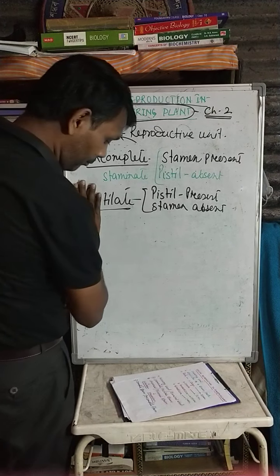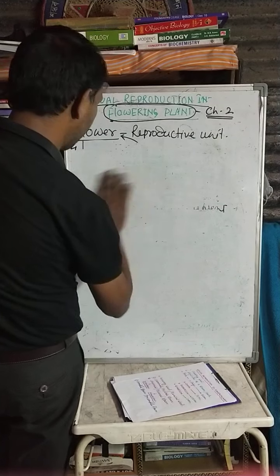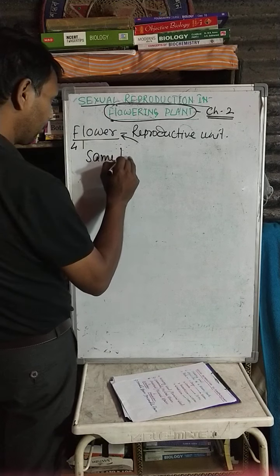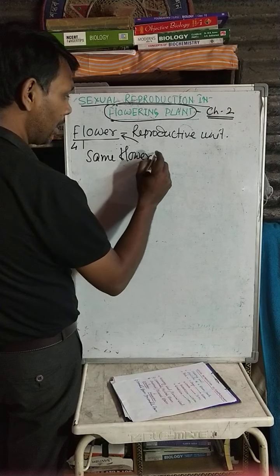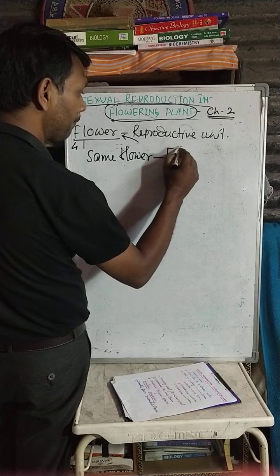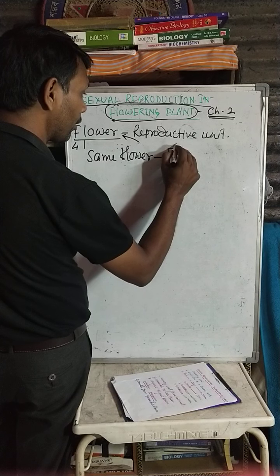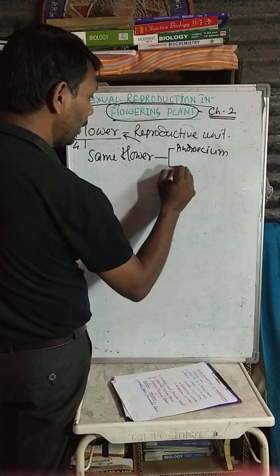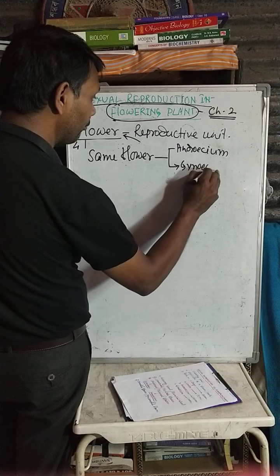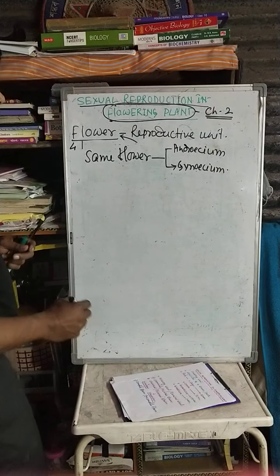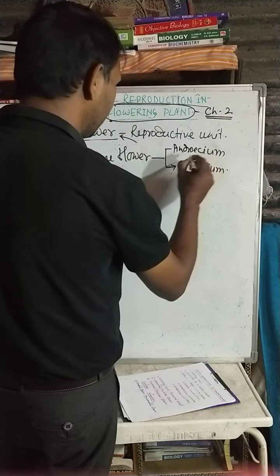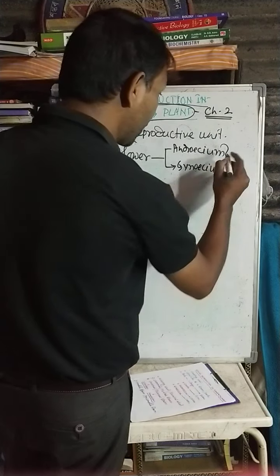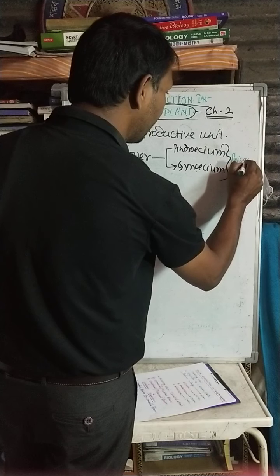Then if the same flower contains both androecium and gynoecium, then this is called bisexual.